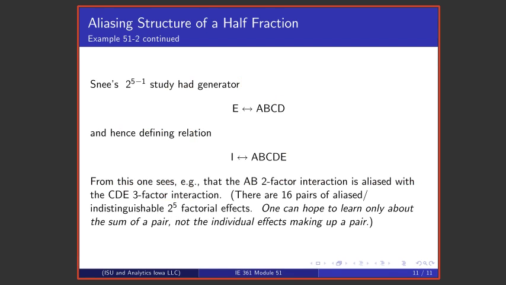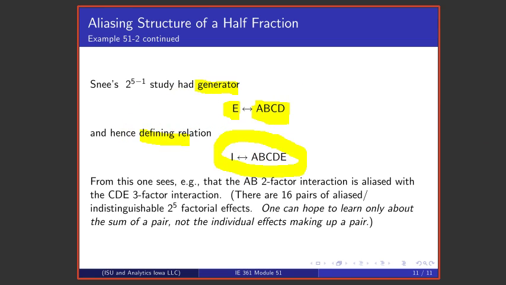In Snee's half fraction of a 2 to the 5th, he began with factor E, getting levels that were defined by products of signs for A, B, C, and D. So he had E equivalent to A, B, C, D as a generator, and multiplying through both sides of that by E, one has the defining relation.